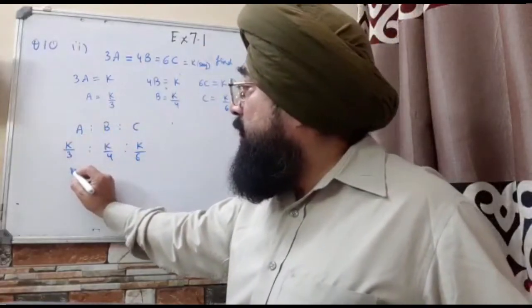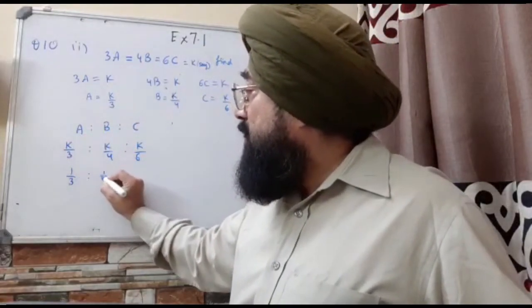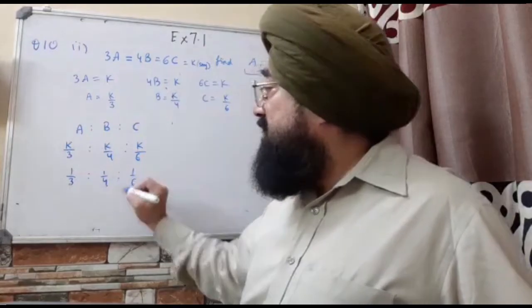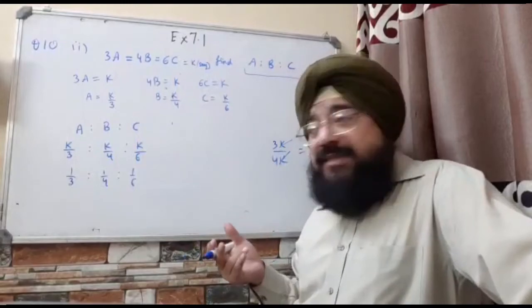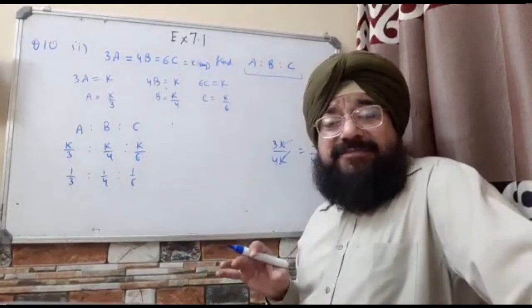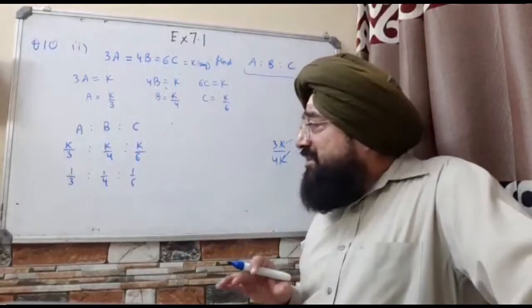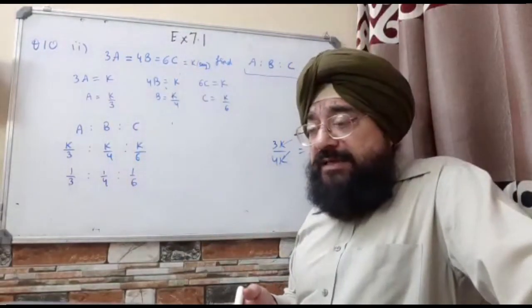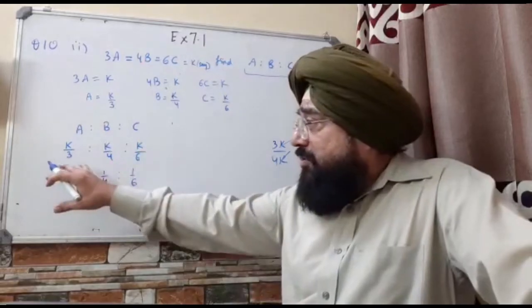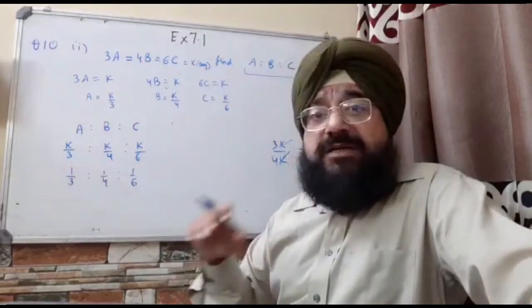So this is equivalent to 1 upon 3 is to 1 upon 4 is to 1 upon 6. This is the desired answer, but again, leaving it in fraction may at times not be appreciated. So it's better that we bring it to integers, a ratio in terms of not a fraction but a number.